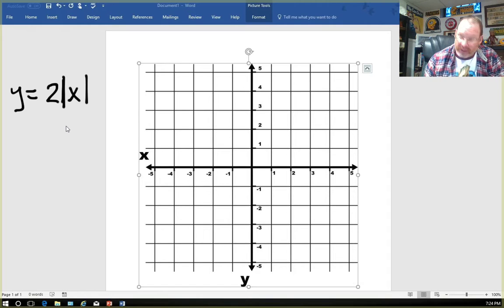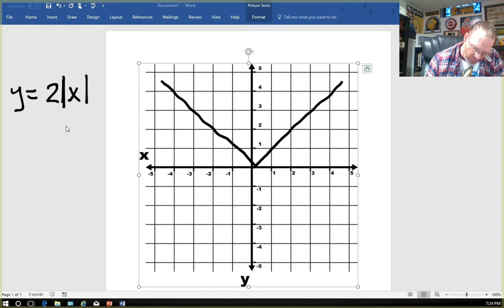Normally our absolute value of x is going to look like this. But the 2 makes it steeper. Specifically, it's going up twice as fast. So instead of going over 1 up 1, we go over 1 up 2. So our graph is going to look like this.